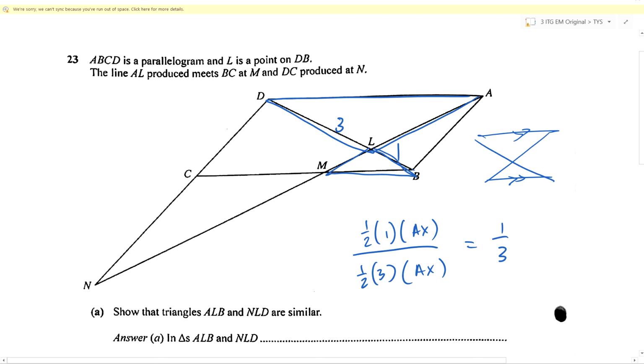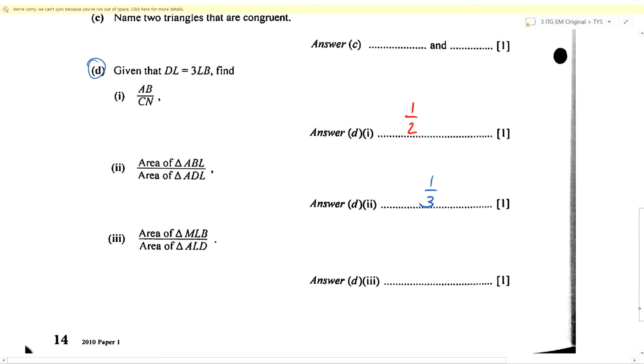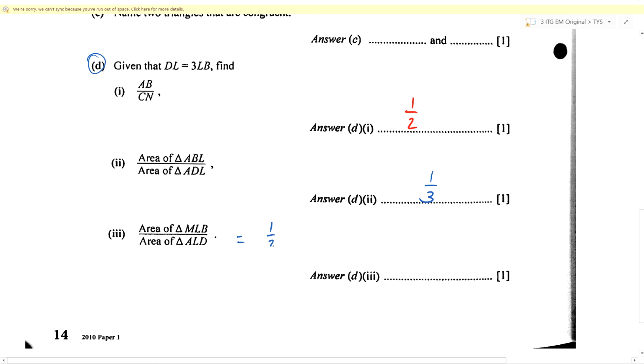So LB has the corresponding side of LD. Since the ratio of the sides is 1:3, the ratio of area for similar triangles must be the square of the ratio of sides. So the answer is 1/3 squared, which gives you 1/9.